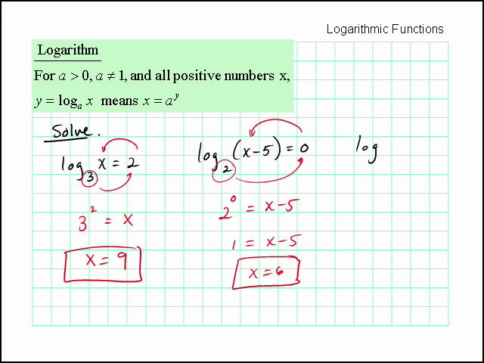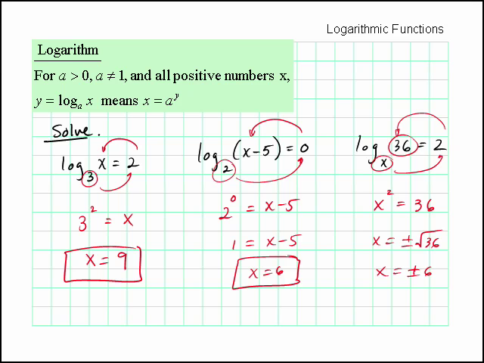The log base x of 36 equals 2. Writing that in exponent form, we end up with x squared equals 36. If x squared equals 36, then I can solve for x by taking the square root, plus or minus the square root of 36, plus or minus 6.